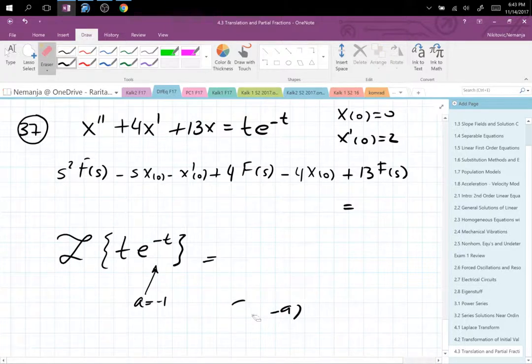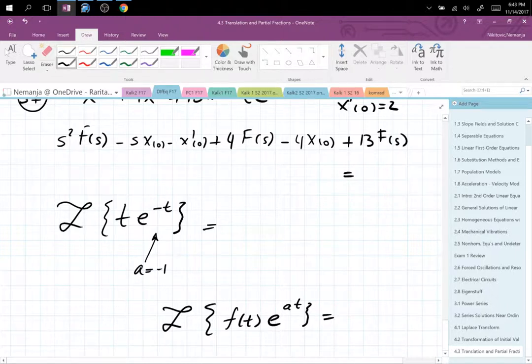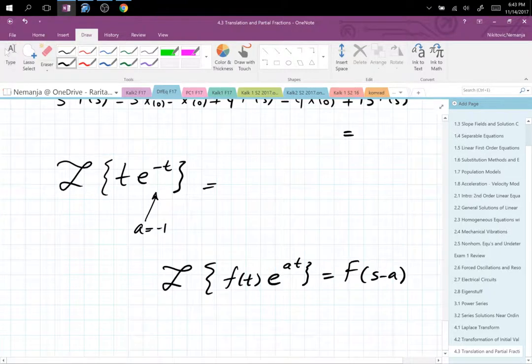So one more time, the Laplace transform of f of t times e to the at is given as F of s minus a. Now, this a that you feed in here and this a that you feed in here is the same a.